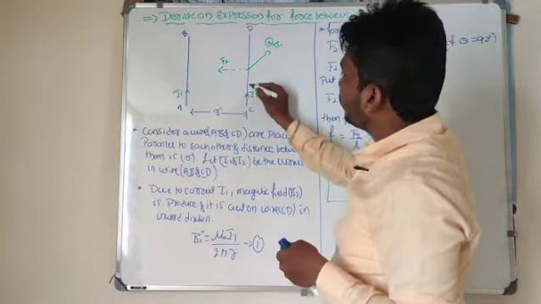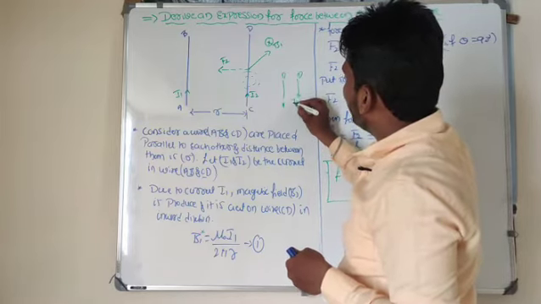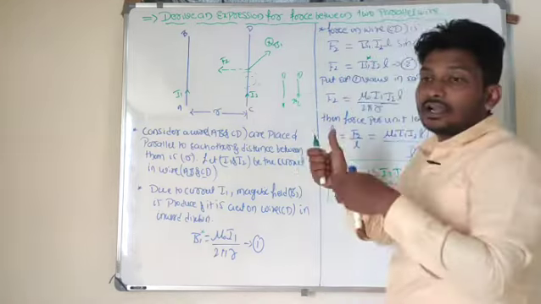I will draw a small diagram, C to D, A to B. Because of the current I2, I get magnetic field B2. The magnetic field acts on the wire AB in the outward direction. So I got magnetic field B2, acting in the outward direction.